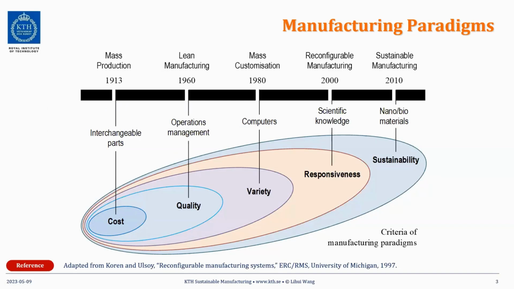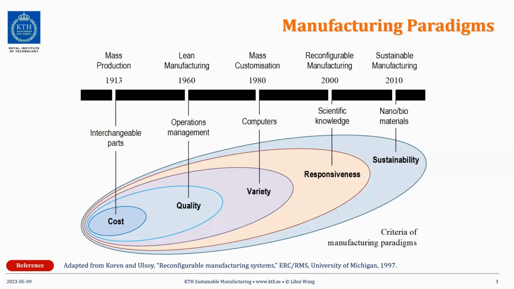Parts and materials can move from station to station. Through interchangeable parts introduced to the production line, companies can rapidly reduce cost through a large number of similar products in larger quantity. That's the objective for this manufacturing paradigm.